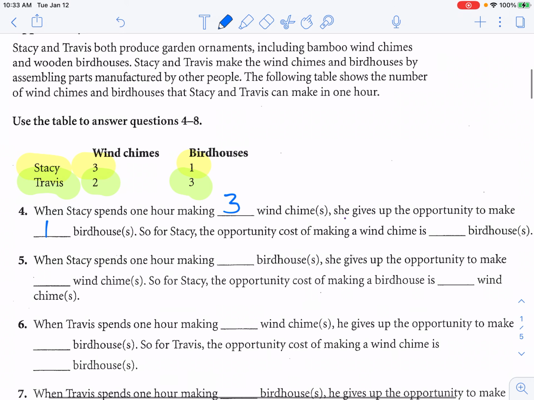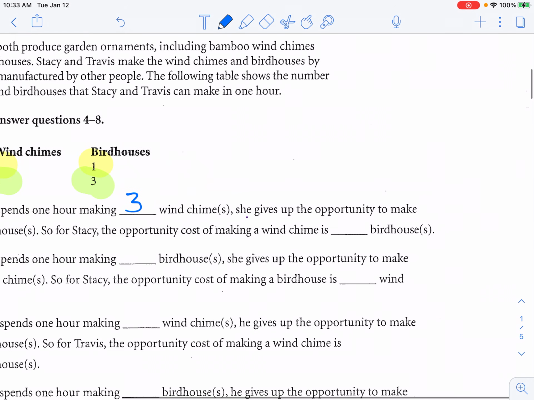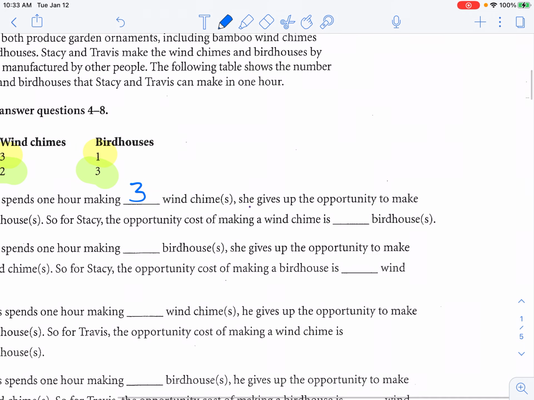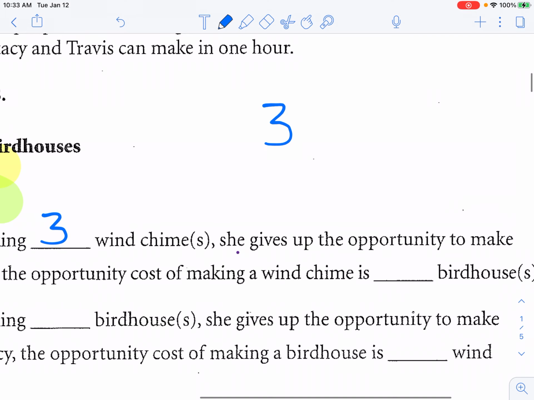So for Stacy, her opportunity cost of making the wind chime is how many birdhouses. And you remember back when we did Mama Bear and Papa Bear, we had to set production equal to each other. So for Stacy, in this case, 3 wind chimes is the equivalent in terms of time as 1 birdhouse.